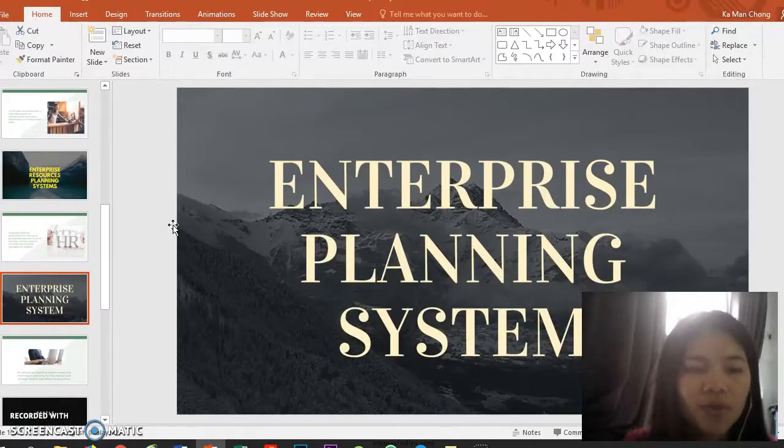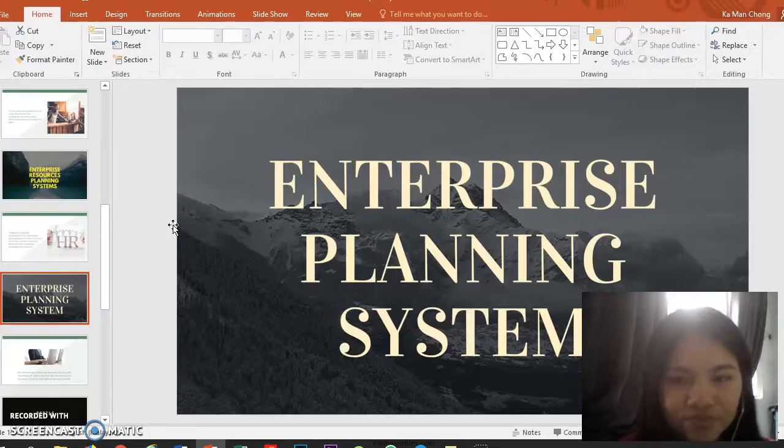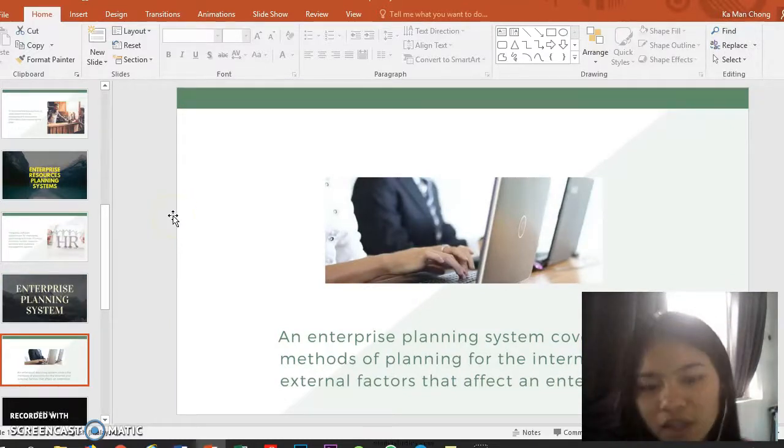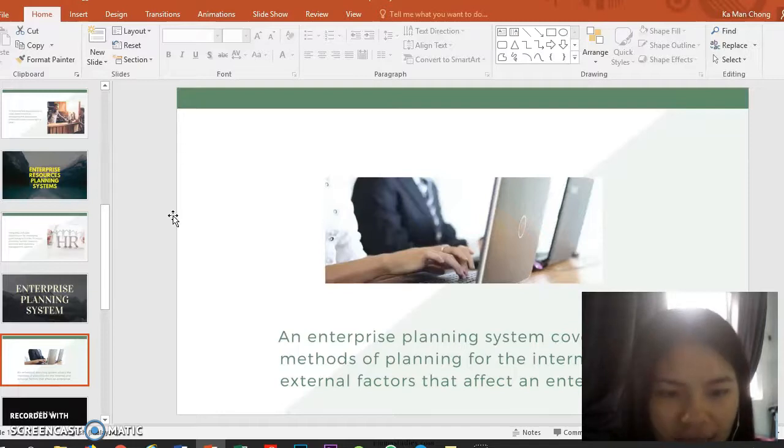Next, we will talk about enterprise planning systems. So, enterprise planning is a system that covers the methods of planning for the internal and external factors that affect an enterprise. Throughout all the factors, it generally falls under PESTLE.